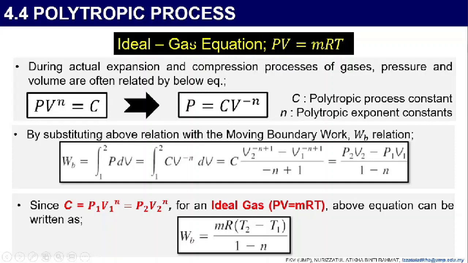Since C equal to P1V1^n equal to P2V2^n, for an ideal gas the above equation can be written as WB equal to MR(T2 minus T1) over (1 minus n). It depends on the question. If it's an ideal gas, then you use the ideal gas form of the moving boundary work equation for a polytropic process. Understand?